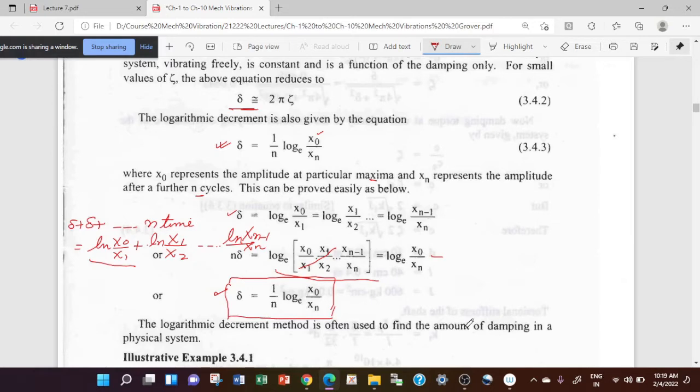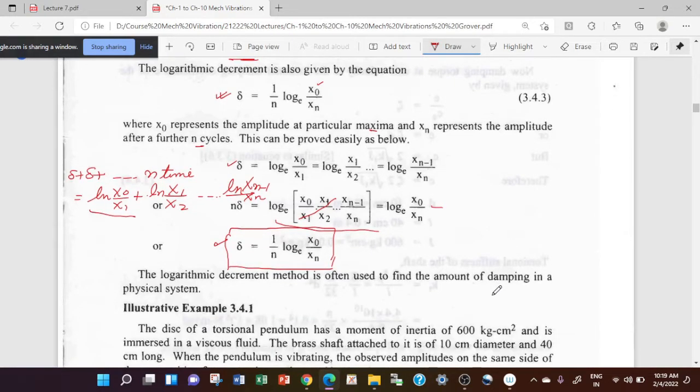Now this delta is basically used to find the amount of damping in the physical system. Suppose you have been given a displacement curve, which I have already discussed just now. This is the enveloping line. Then you have a displacement curve like this.